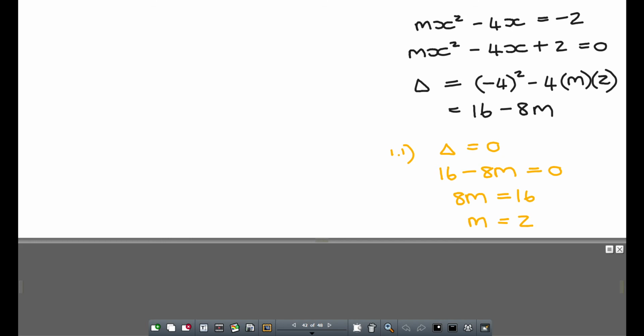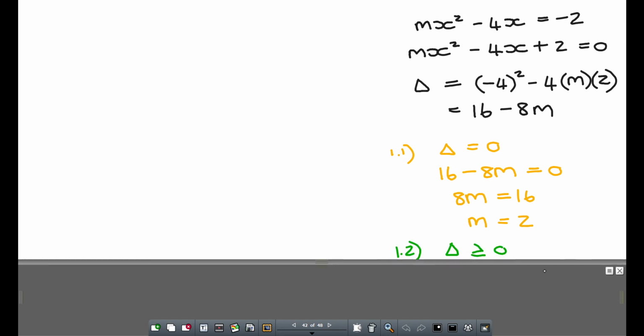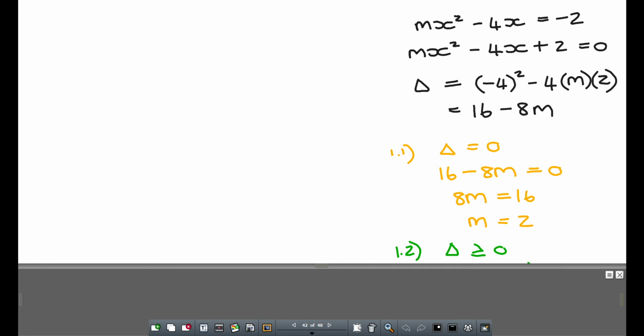Okay. Now, 1.2 says it must have real roots. Reëel. Okay, nou, as jy mooi gaan kyk, vir dit om reëel te wees, moet dit wees groter as 0.